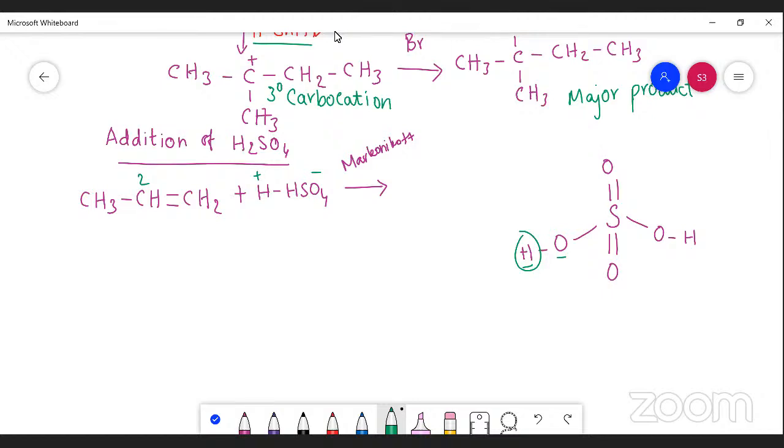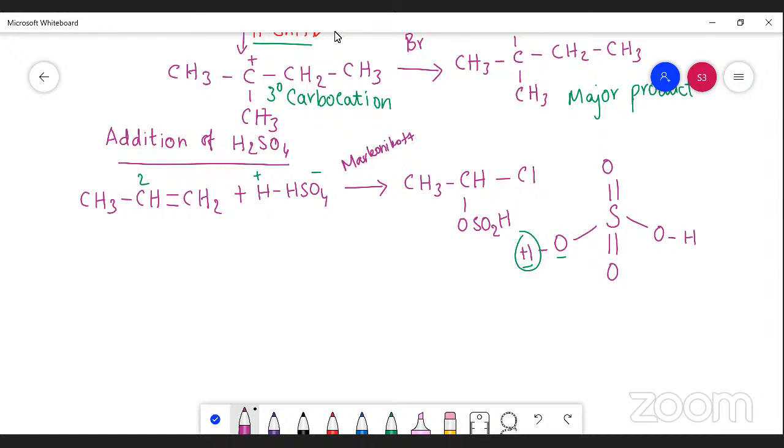So we are getting the product: CH3-CH(O-SO2H)-CH3, with the remaining hydrogen attached to the CH2.